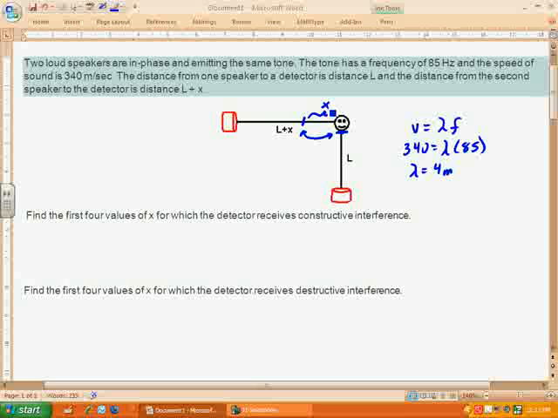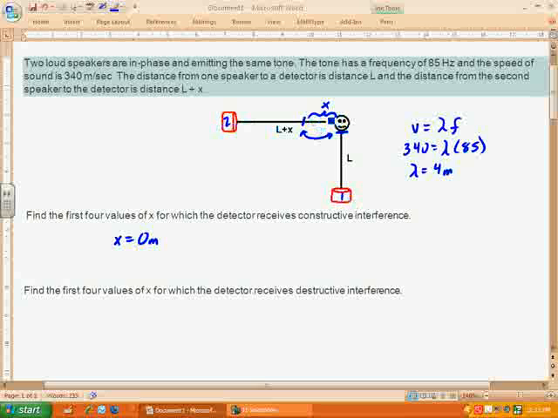Okay, so one value of X obviously would be X equals 0. Because if there was no X, if it was just length L and length L, that means you would be hearing the same thing at the same time. Now, aside from that one, we can look at several other possibilities. What needs to happen in that X to make sure that I hear the same thing from speaker 2 as I'm hearing from speaker 1?